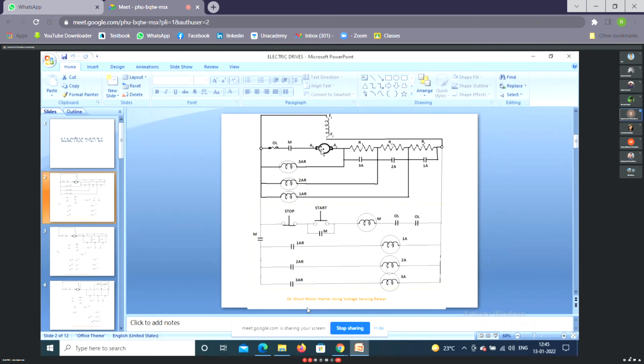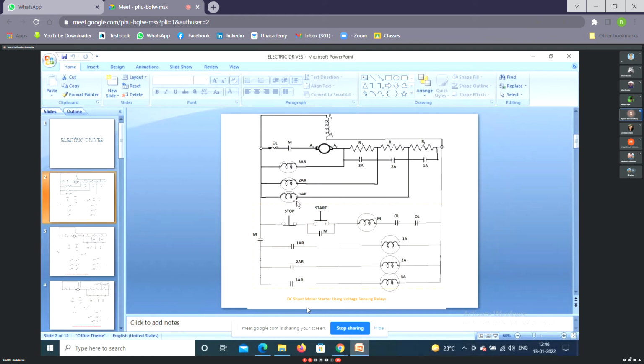As the motor is speeding up, this relay is sensing the voltage, the back EMF generated across the armature plus these two drops.